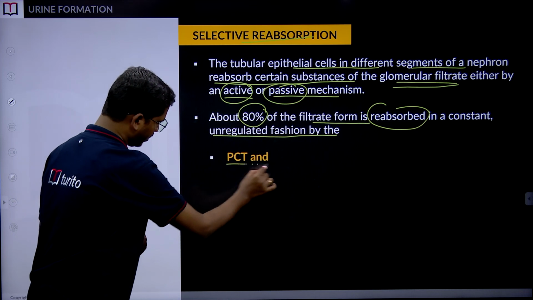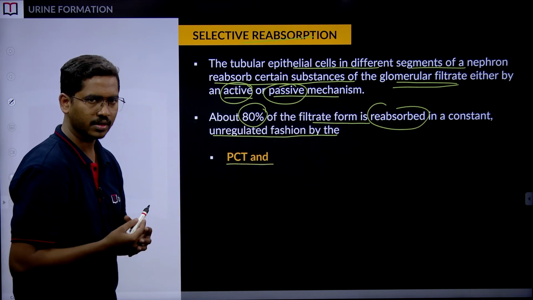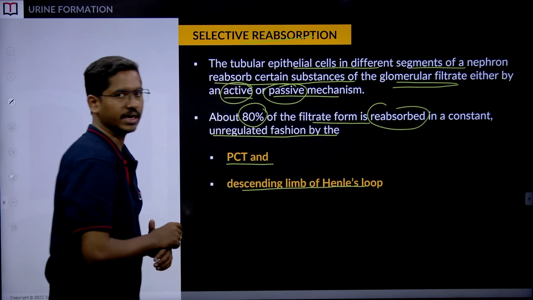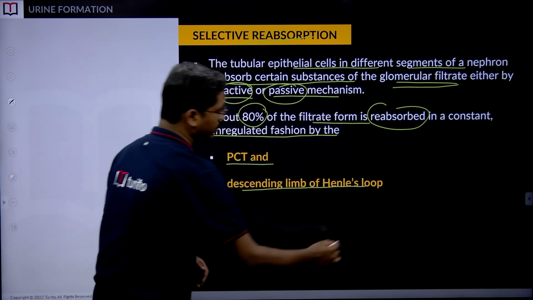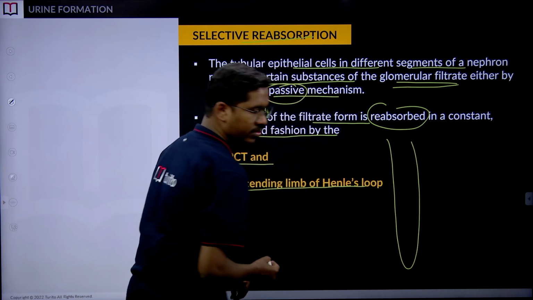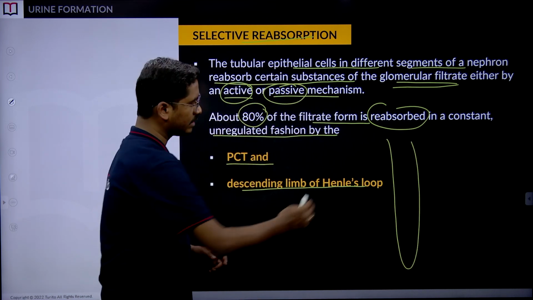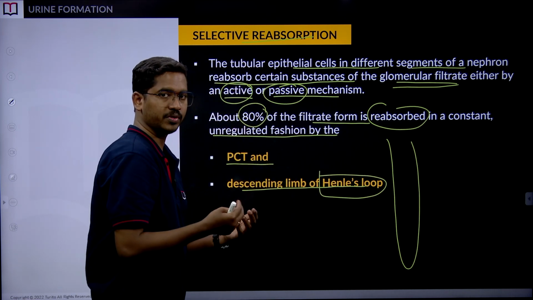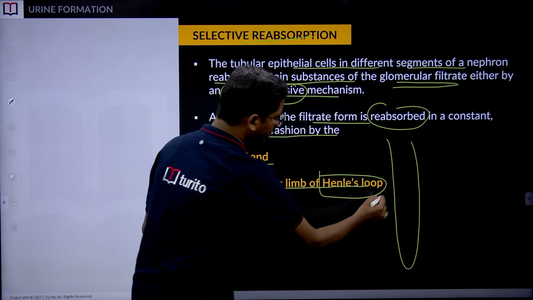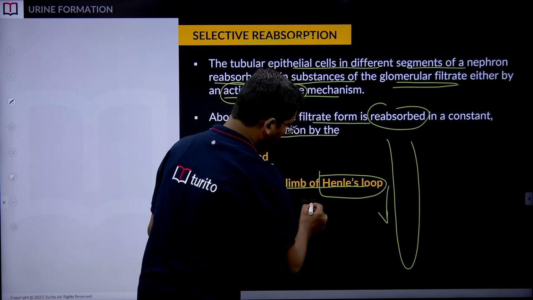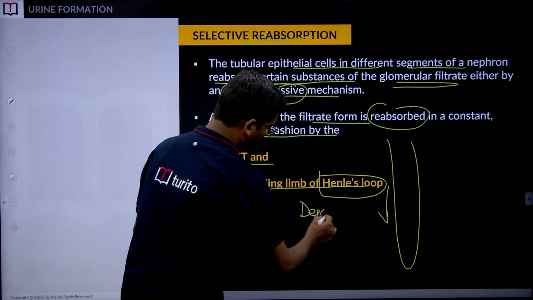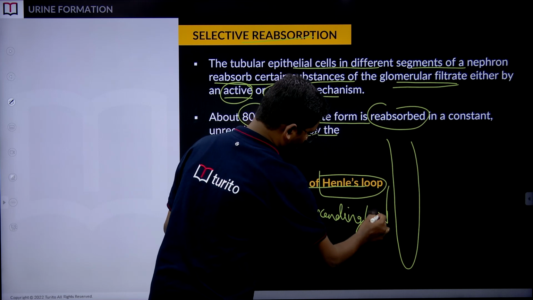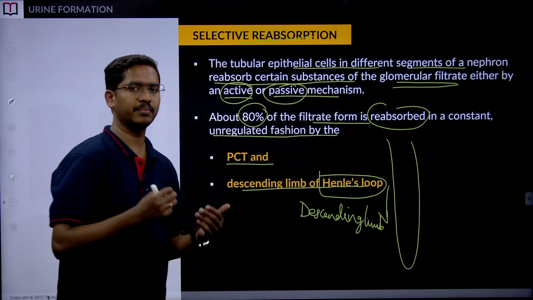The other thing taking part in the reabsorption process is the descending limb of the loop of Henle. You have seen there was a loop like this, this whole loop is known as Henle's loop. Which part is reabsorbing? It is the descending limb of the loop of Henle.